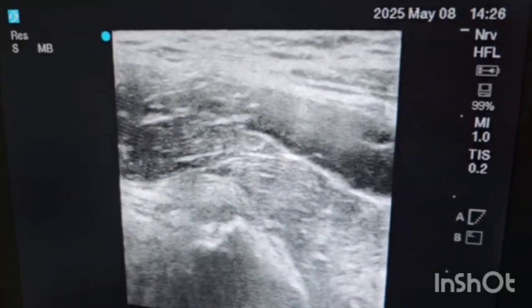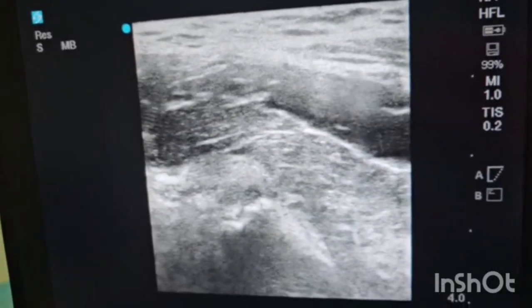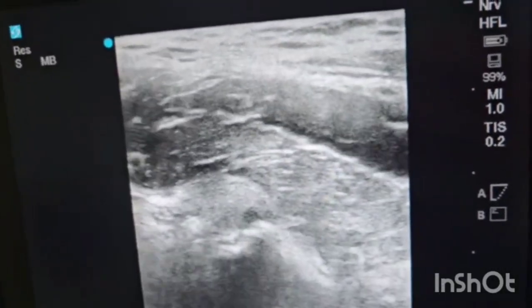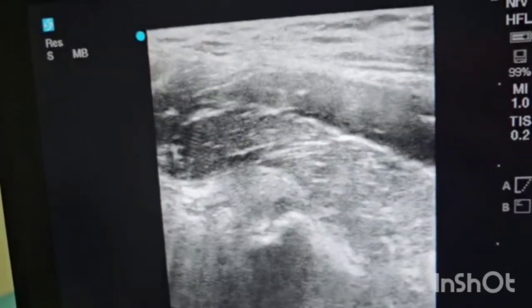We can see the drug along the fascia iliaca spreading towards the femoral nerve and the other branches.